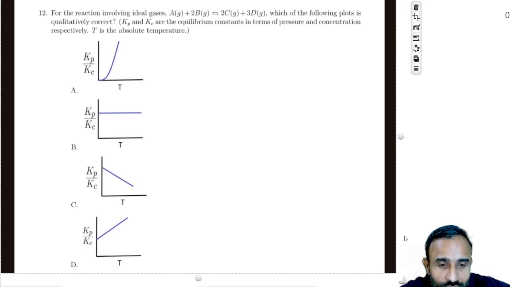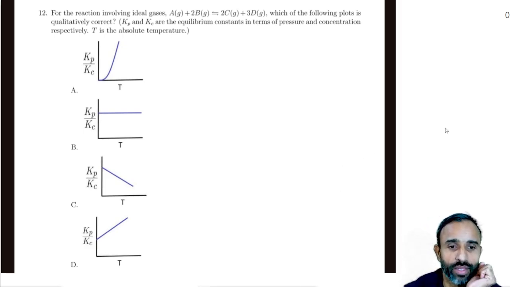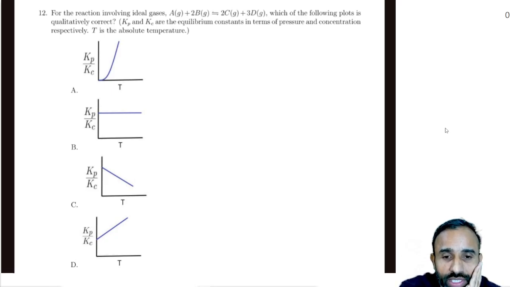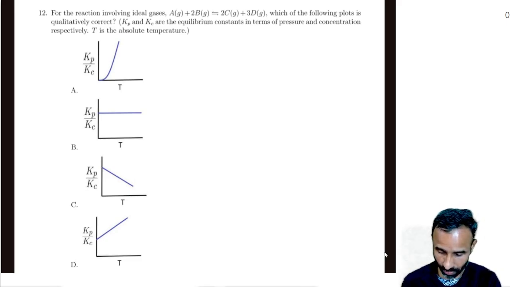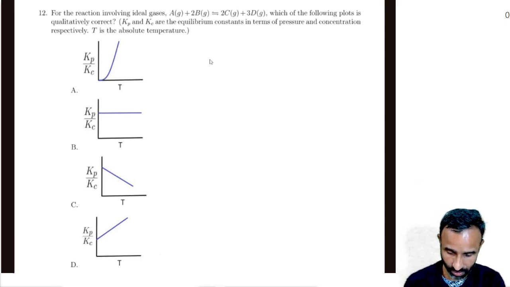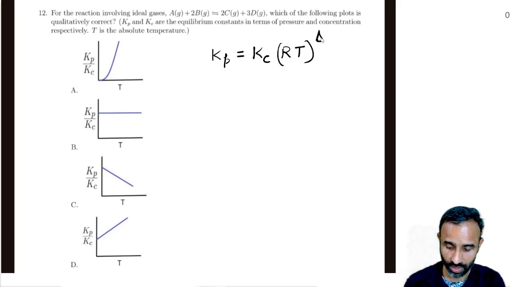Do you have some questions related to this topic? Okay, so the question is, for the reaction involving ideal gas, A gas plus 2B gas gives 2C gas plus 3D gas, which of the following plots is qualitatively correct? Kp and Kc are the equilibrium constants in terms of pressure and concentration. This is actually a question from equilibrium. Anyhow, Kp is equal to Kc into RT raised to power delta Ng.